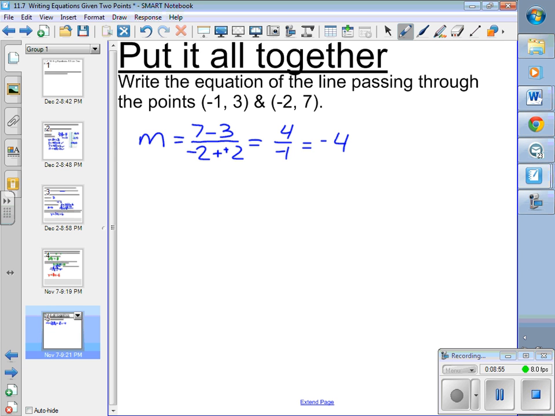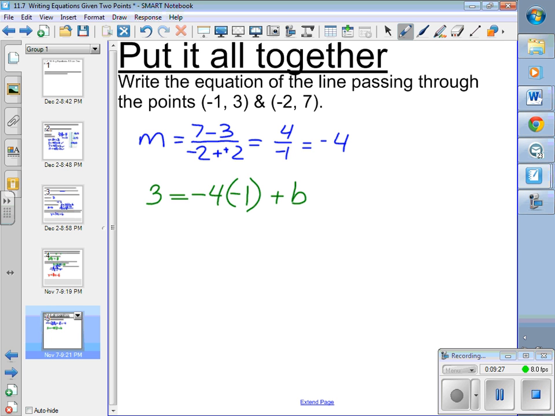And now we just pick a point, and we're going to use the 3, -1. And you can use either one. You will get the same result, and if you don't believe me, you can try it. I'm going to switch colors, though, so you can see my change. So we get 3 is our y, our m is -4, times our x is -1, plus our b is our unknown.